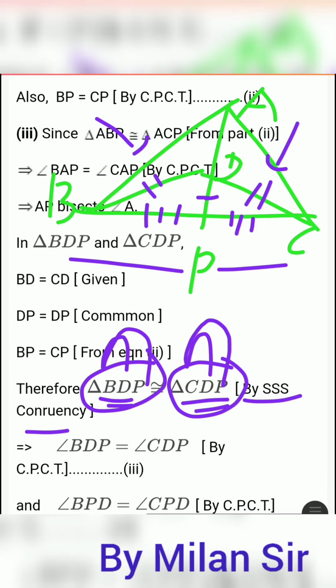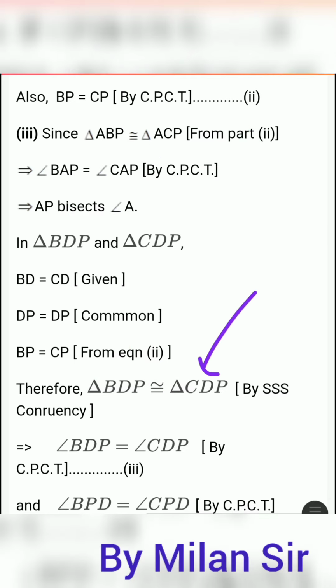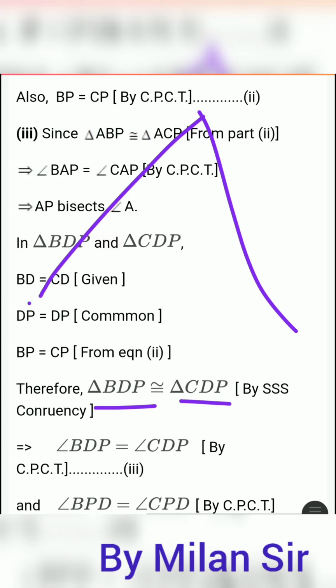Now by using this congruency criteria, we can say that angle BDP is equal to angle CDP by CPCT, corresponding parts of congruent triangles.